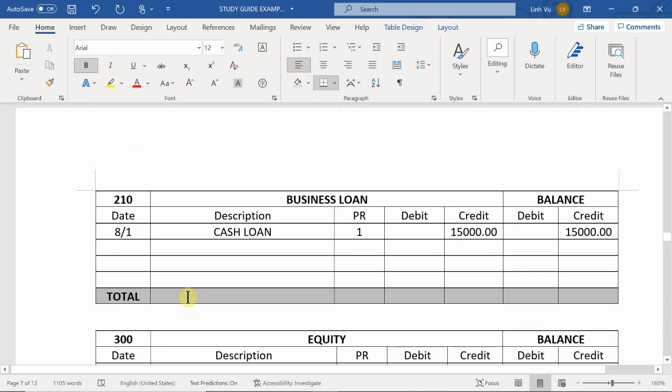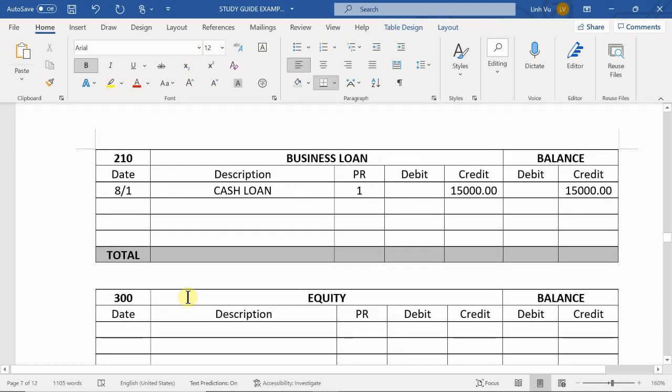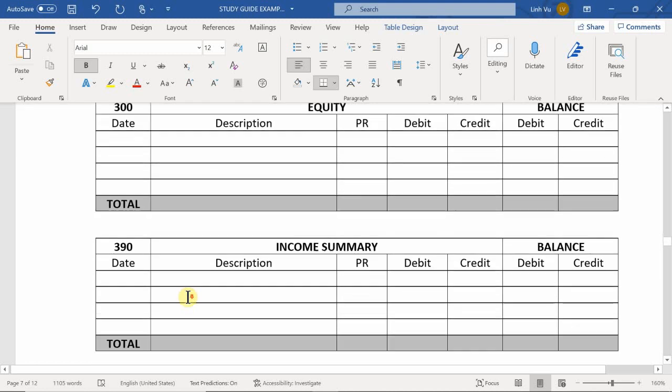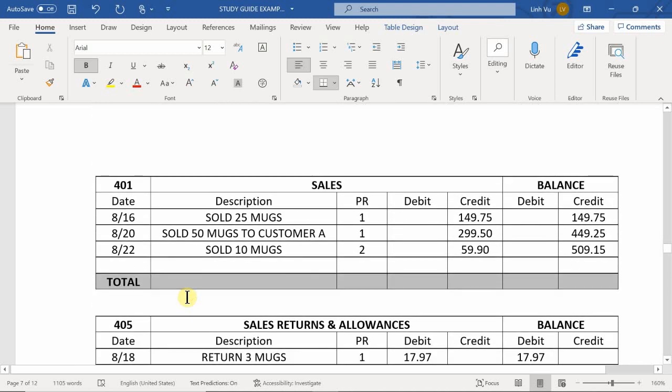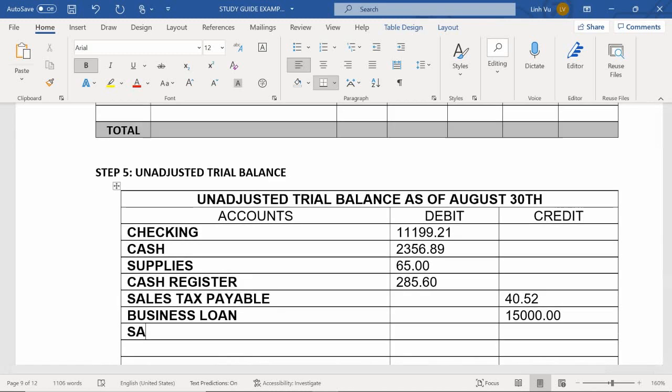We have sales. No equity, no income summary, so the next one is sales. Sales for how much? 509 and 15 cents on the credit side. 509.15.